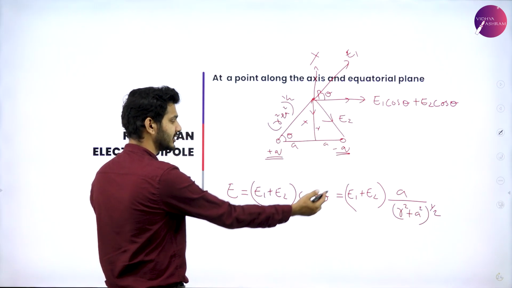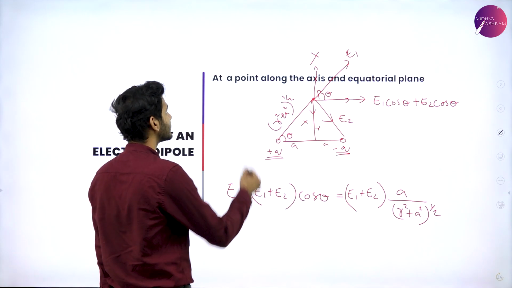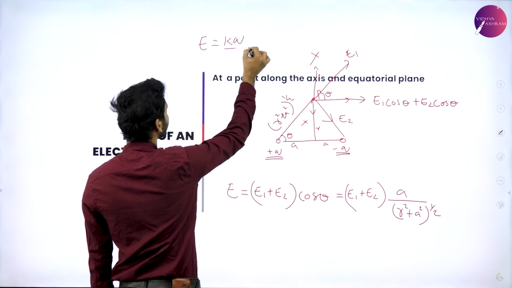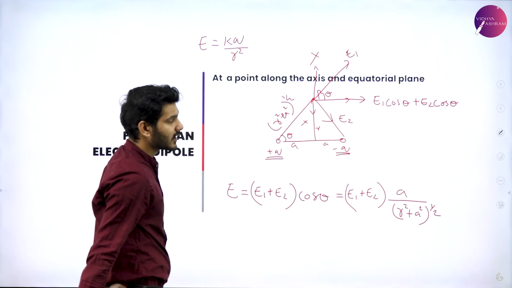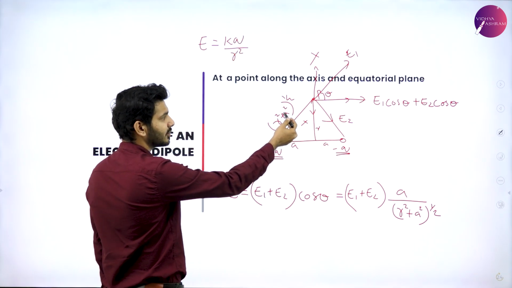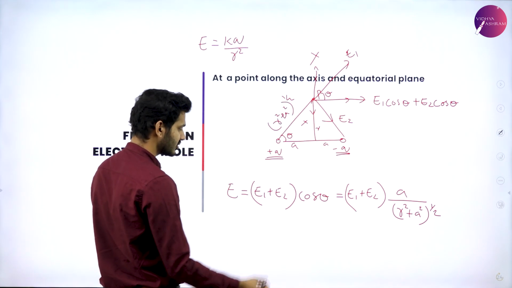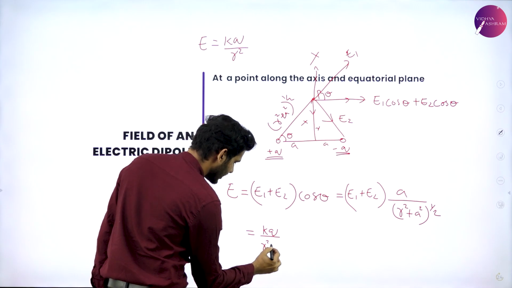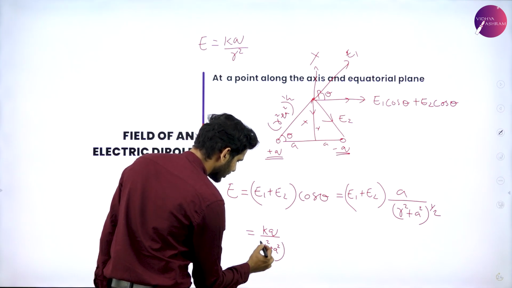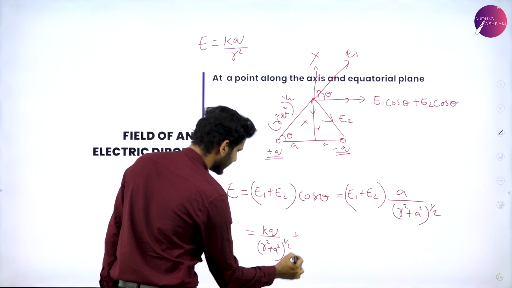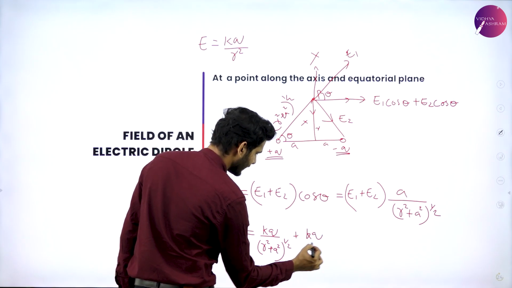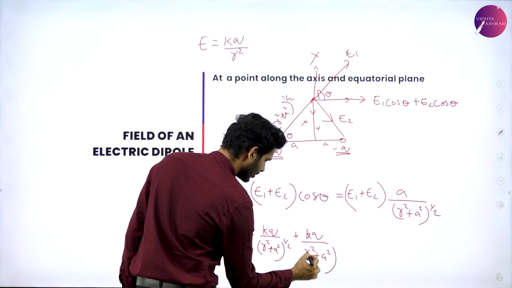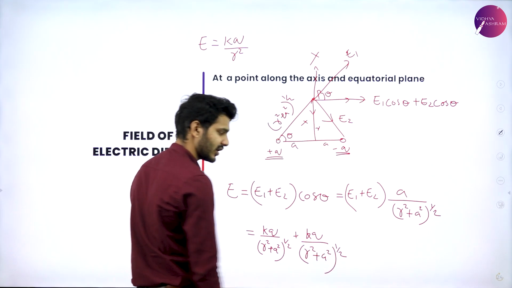Now we substituted the equation for E, which we already know to be E is equal to kq divided by r square, where here r is r square plus a square whole raised to 1 by 2. So we found that to be kq divided by r square plus a square whole raised to 1 by 2, plus kq divided by r square plus a square whole raised to 1 by 2.